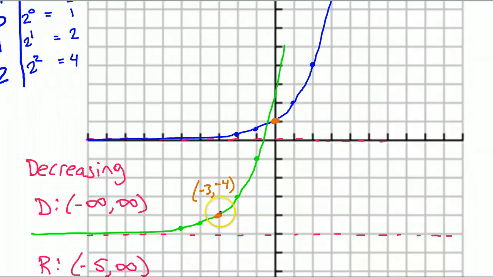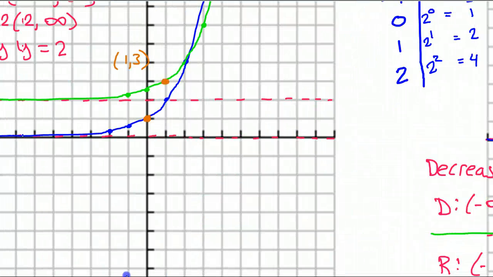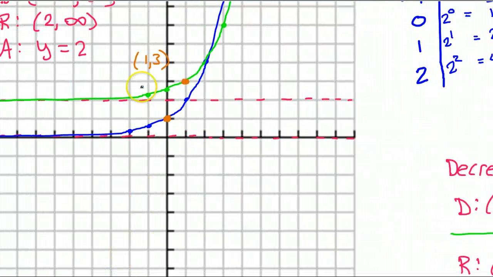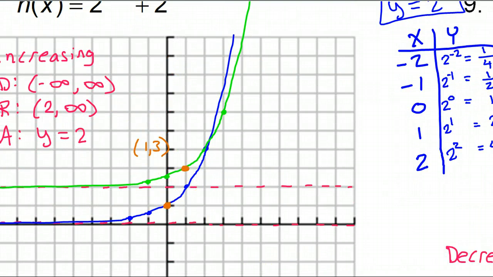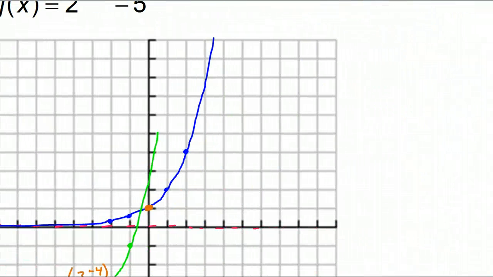Okay? Let's see. It will be easier to see if I put these on the same graph. So let me come over here, and so this point from function h is at 1, 3. So let me just copy it over. So 1, 3 would be right here.